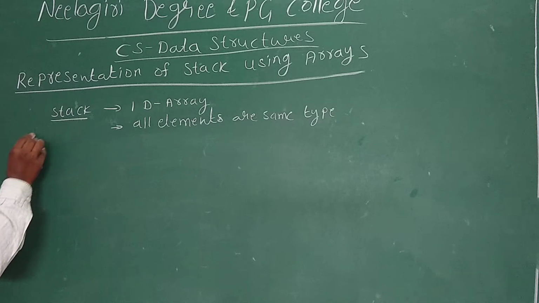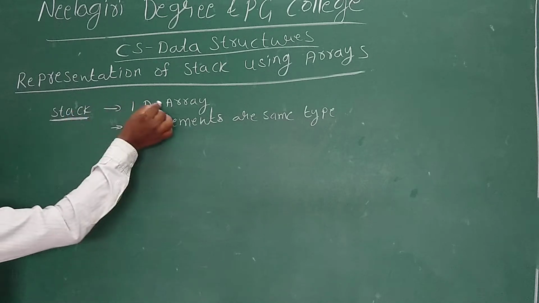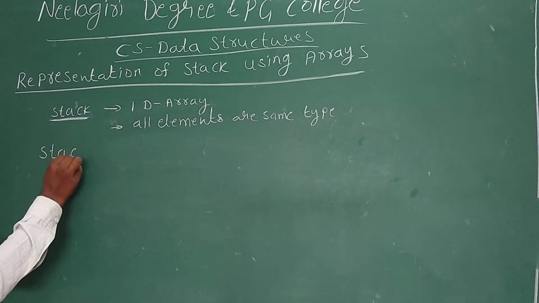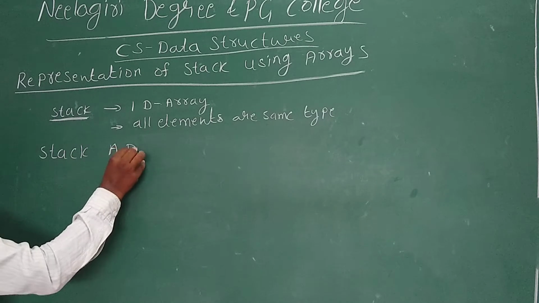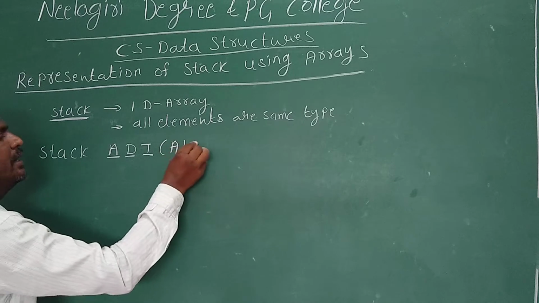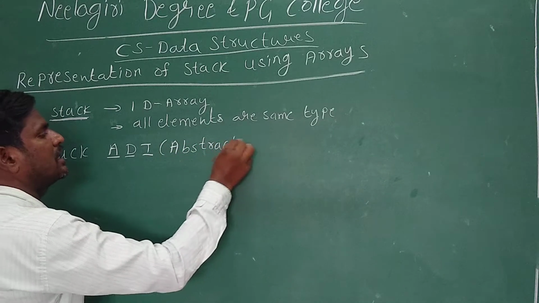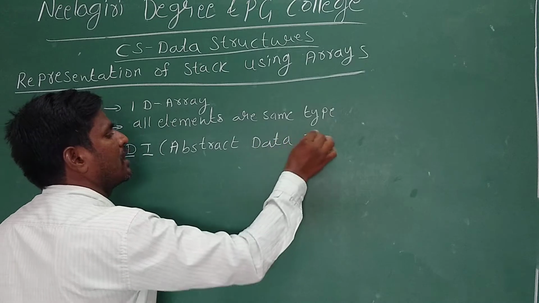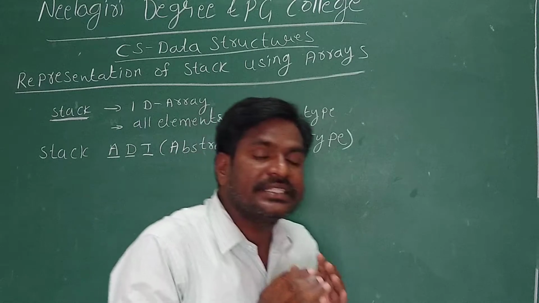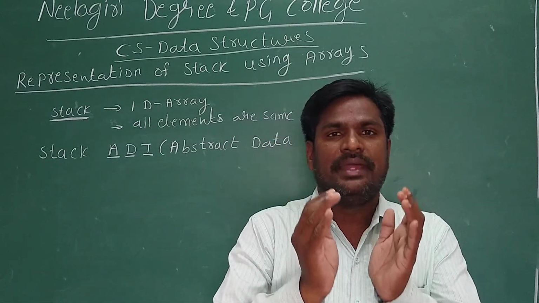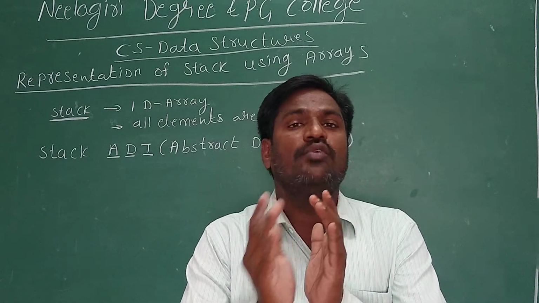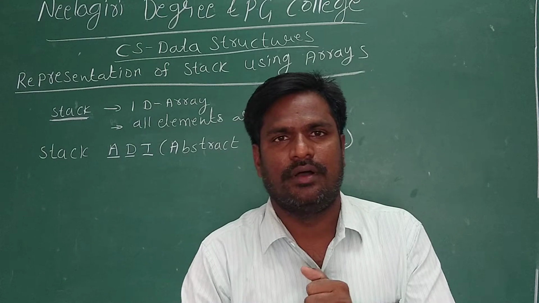Generally, when you are representing a stack using an array, the stack ADT will be like this. ADT means abstract data type. An abstract data type describes what the elements are, what the properties of that stack are, and what operations you are going to perform.